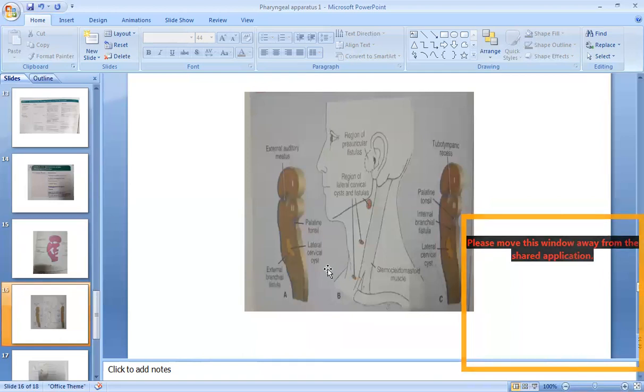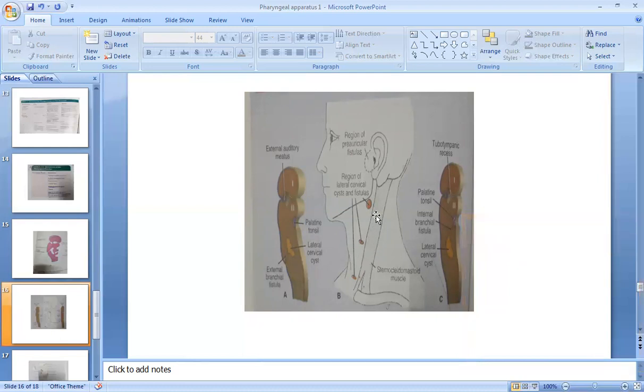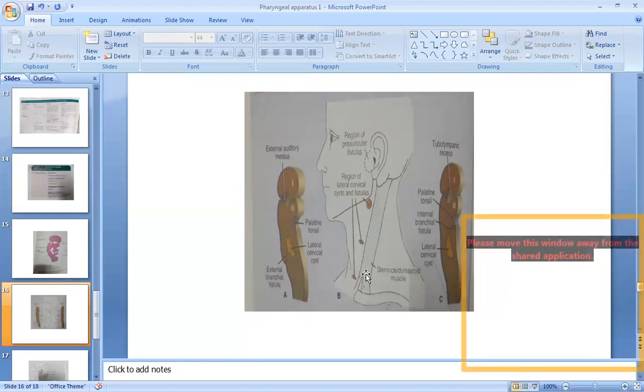This is again the lateral view of the human. You can see the gray band here. This is the sternocleidomastoid muscle. Then you can see these parts anterior to the sternocleidomastoid, these are the regions of lateral cervical cyst and fistula. We talked about how the first pharyngeal cleft will be converted to the external auditory meatus.